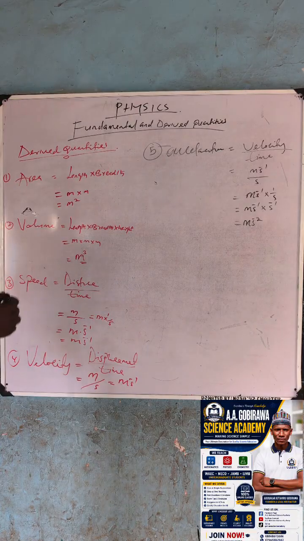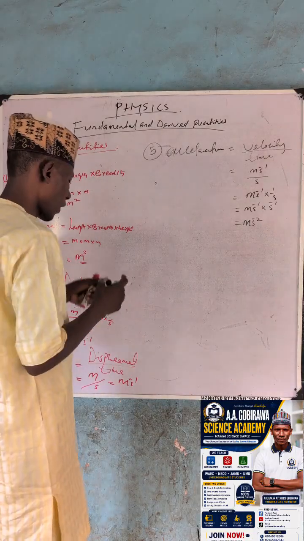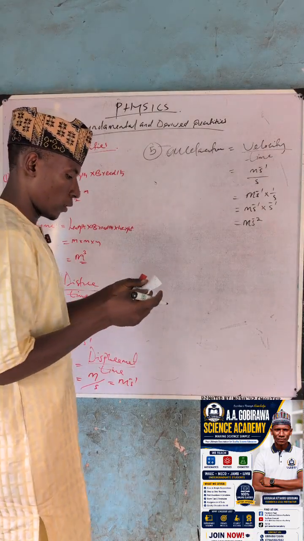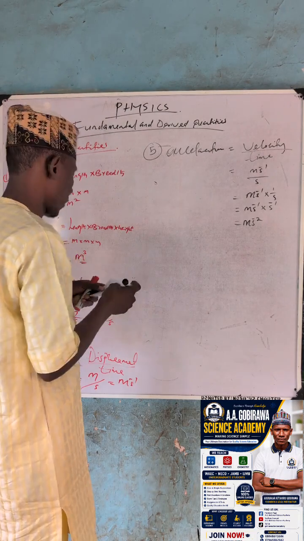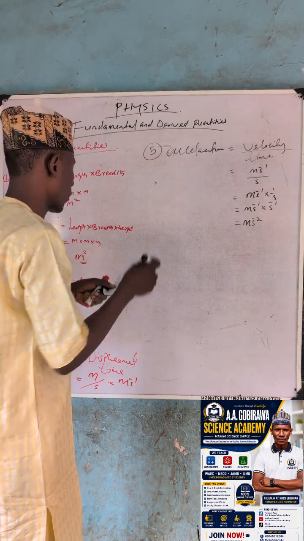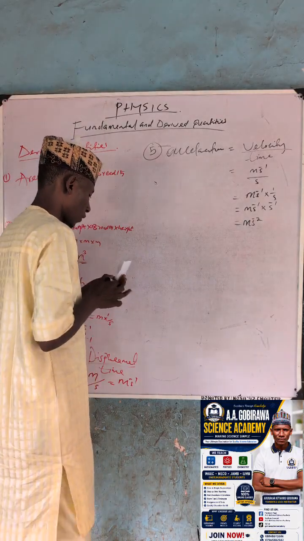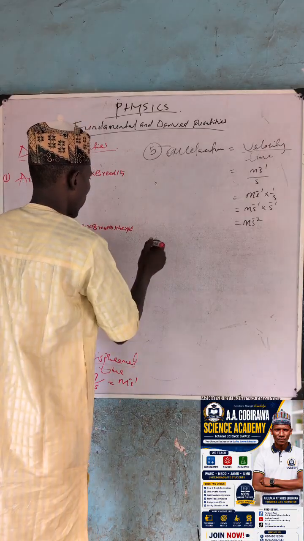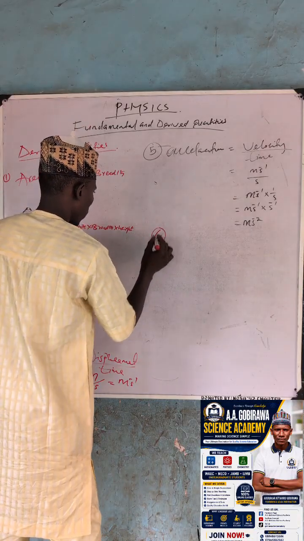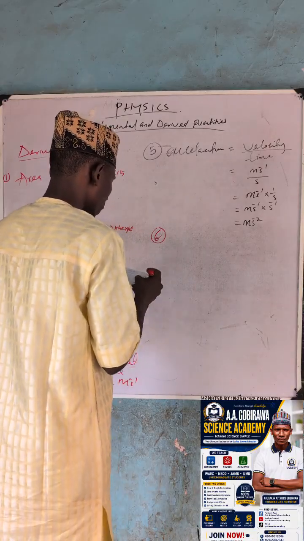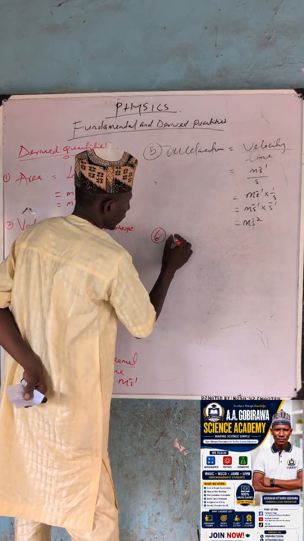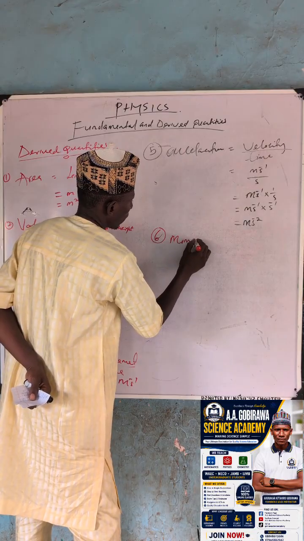Then number 6, let us see other derived quantities. We have momentum. Momentum is the product of mass and velocity.